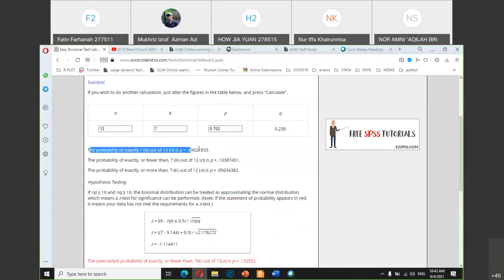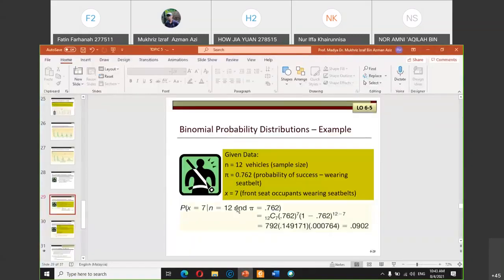The first line refers to obtaining the value when P(x) equals something. The other two are for more than or less than, at least, fewer than, or more than or equal to. We will see what kind of questions require you to apply one of these two lines. So that is how to calculate.